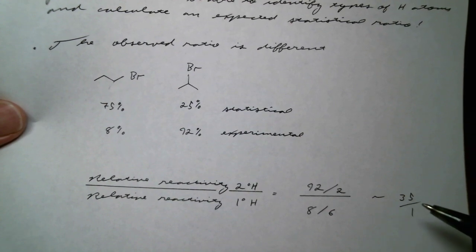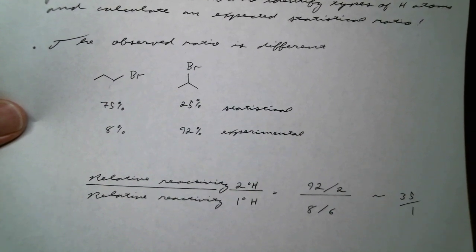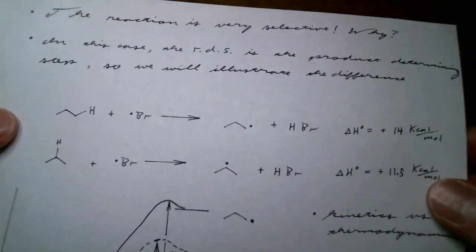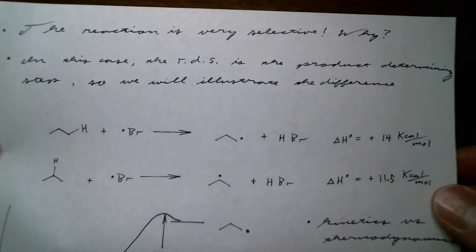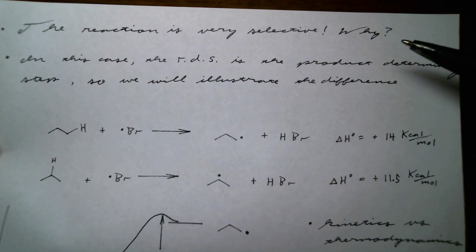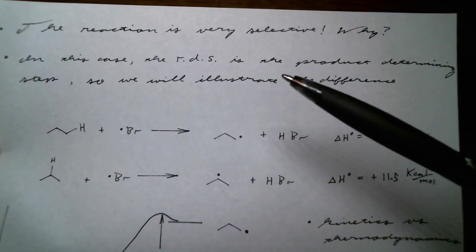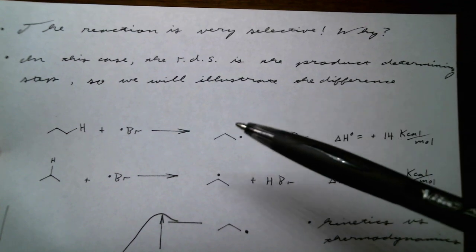And so we get a ratio of about 35 to 1. So the reaction is very selective, and so we have to ask why. In this case, the RDS, that is the rate determining step, is the product determining step.